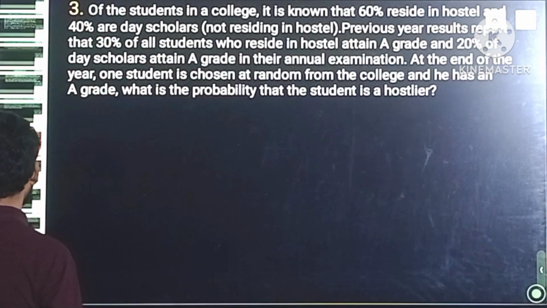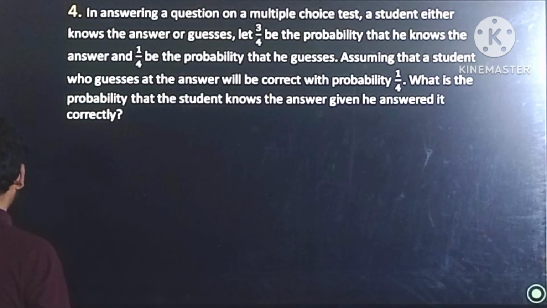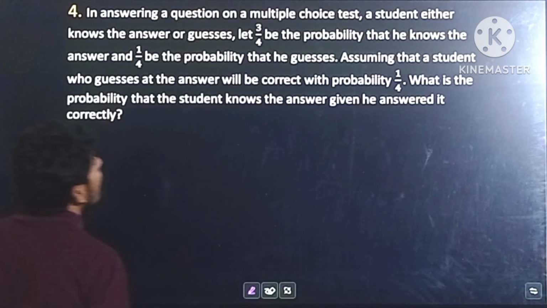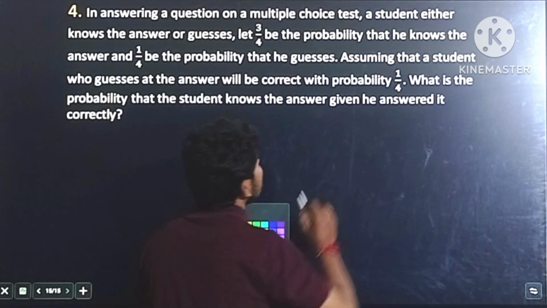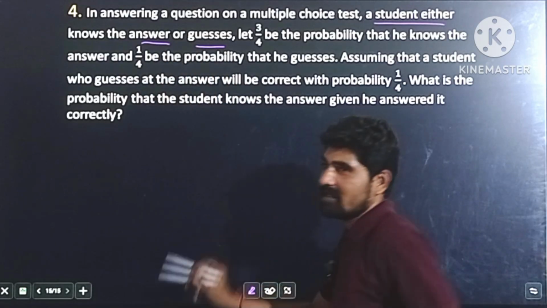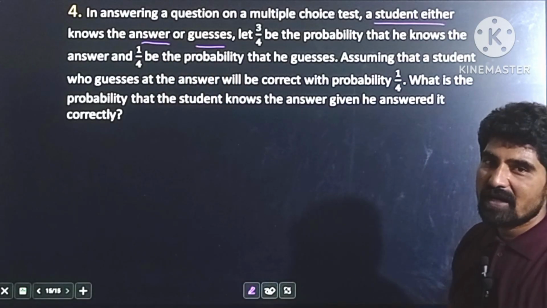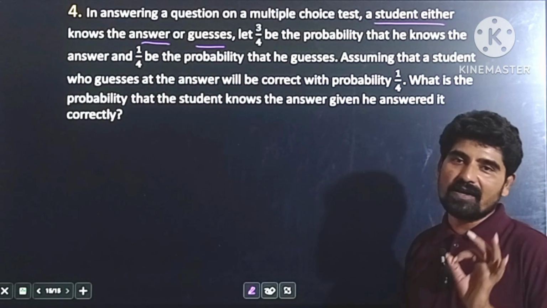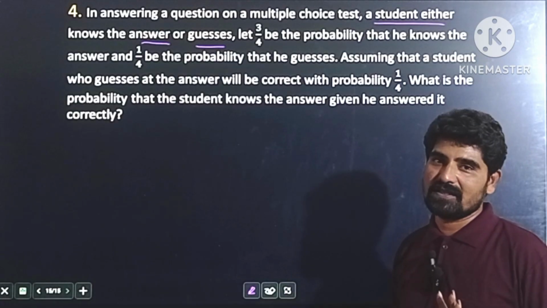The next question is: in answering a question on a multiple choice test, a student either knows the answer or guesses the answer. One of the students is writing a multiple choice test. As you know, a multiple choice question has 4 options.